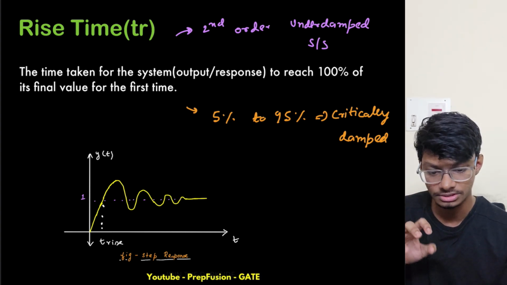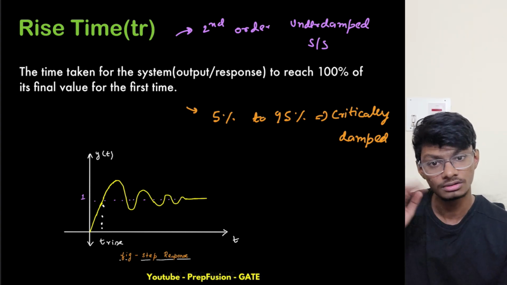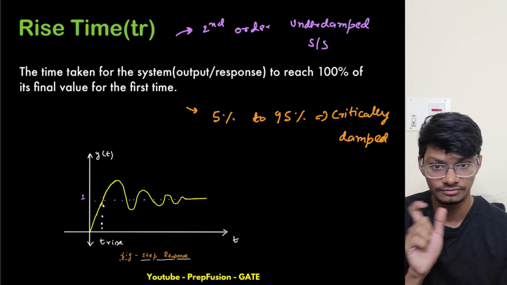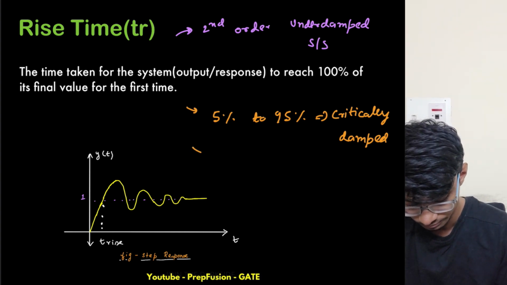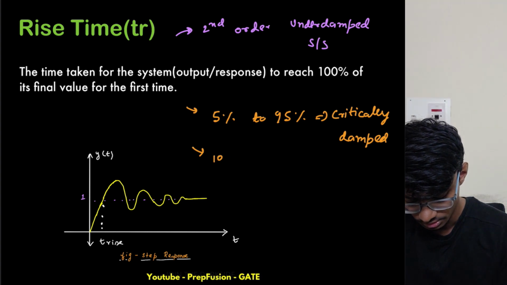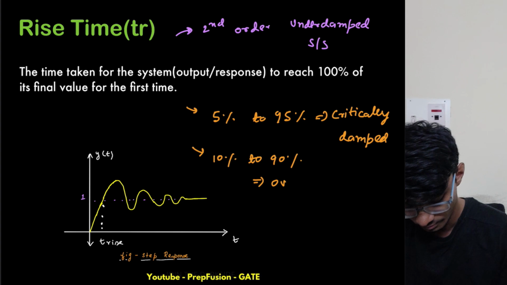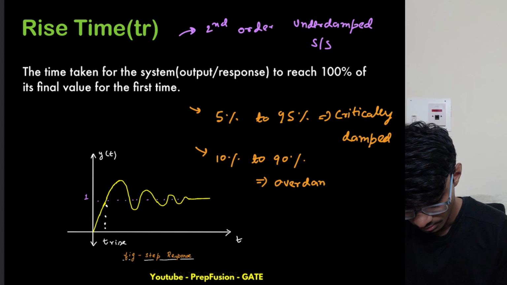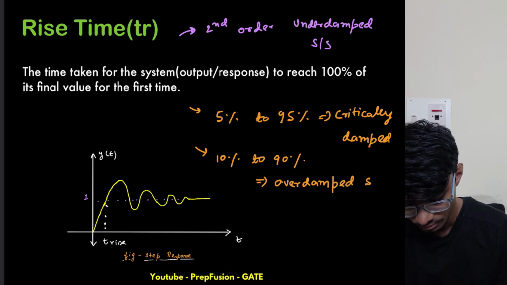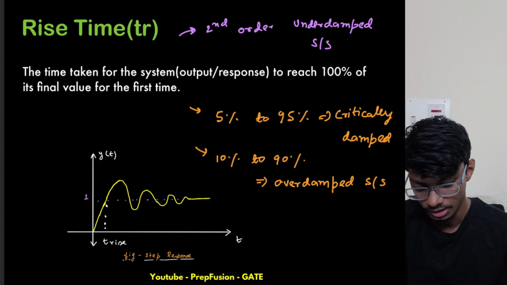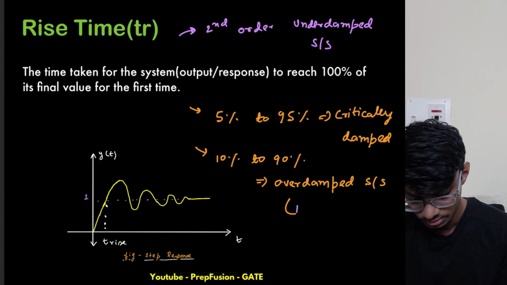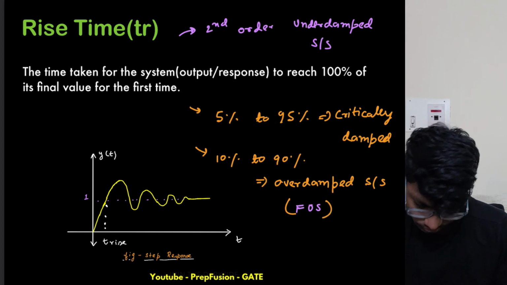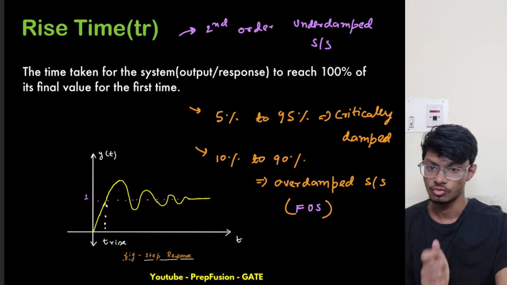So the definitions for overdamped systems are similar to the first order ones, and you can relate it with the first order system.